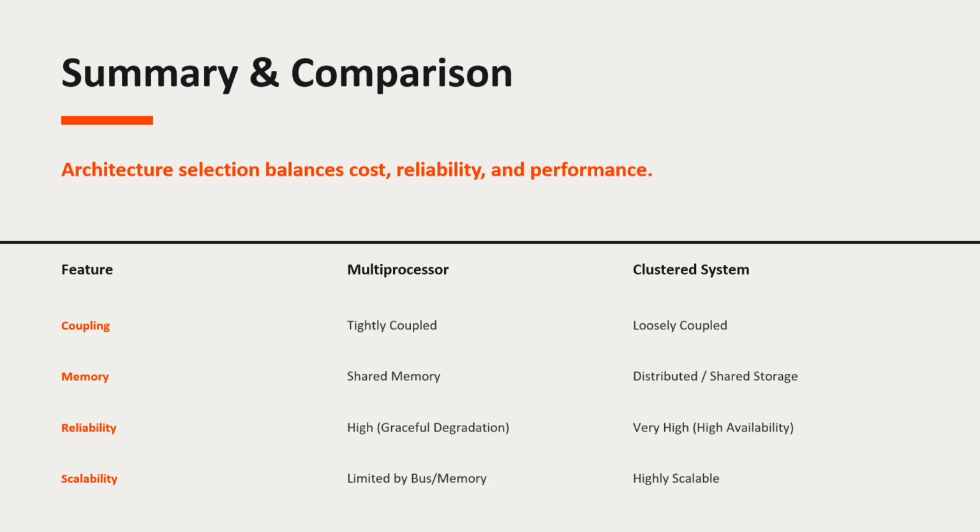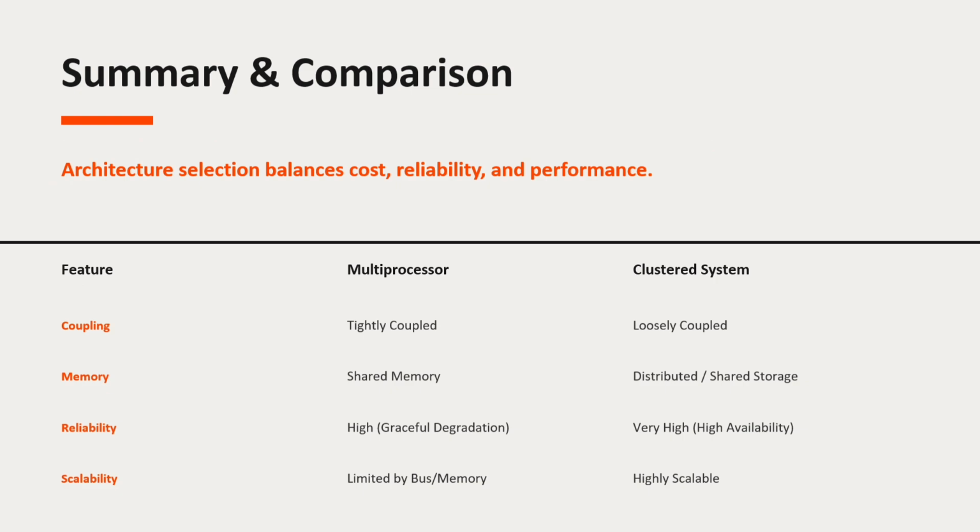So this is the comparison. Let us compare multiprocessor system and cluster system. In coupling, multiprocessor systems are tightly coupled, and cluster systems are loosely coupled. In memory, multiprocessors have shared memory, and cluster systems have distributed shared storage.